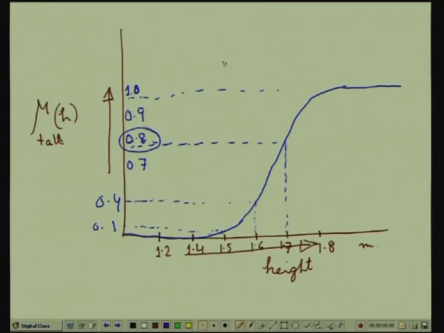Now, this is one particular definition of tall, but let us say I am trying to select a basketball team, and I have been told that you should select only tall people. In that case, my notion of this fuzzy set I may like to change, because I may like to have again the same axis.